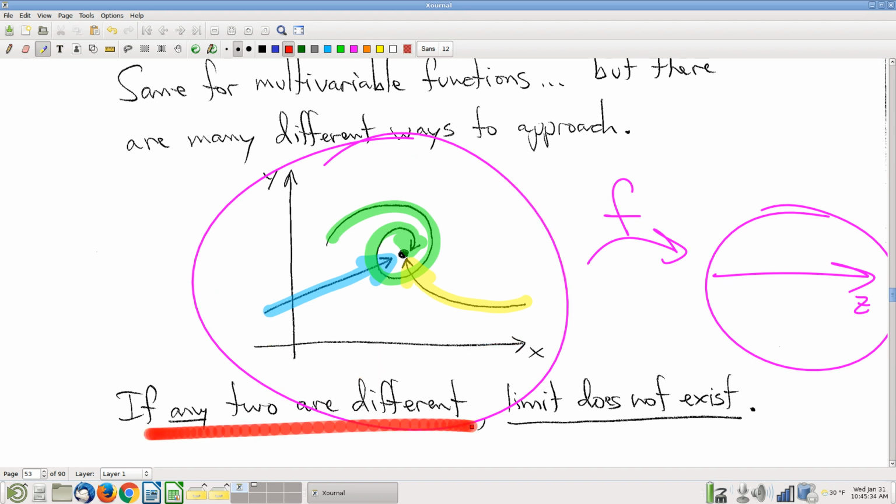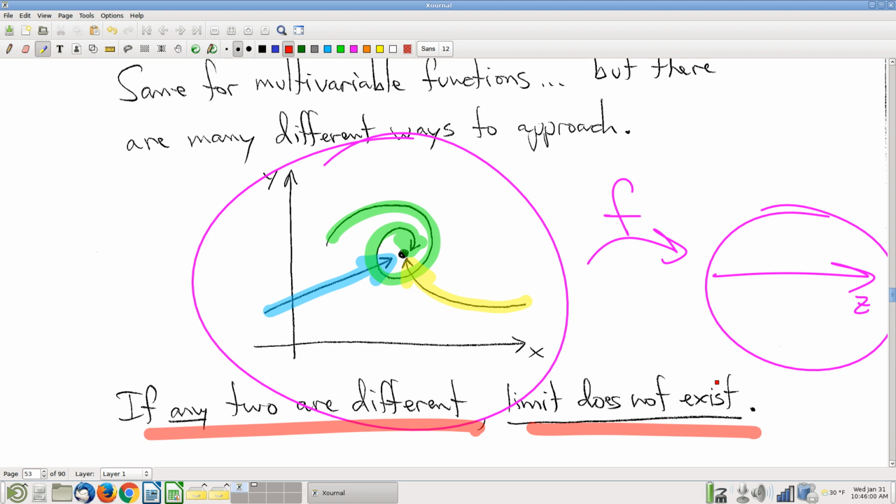And if any two are different, the limit doesn't exist. If you approach in the domain along two different paths and you get two different limits, you're going to want to call it a jump discontinuity. You remember jump discontinuities in single variable calculus? It feels a lot like that.